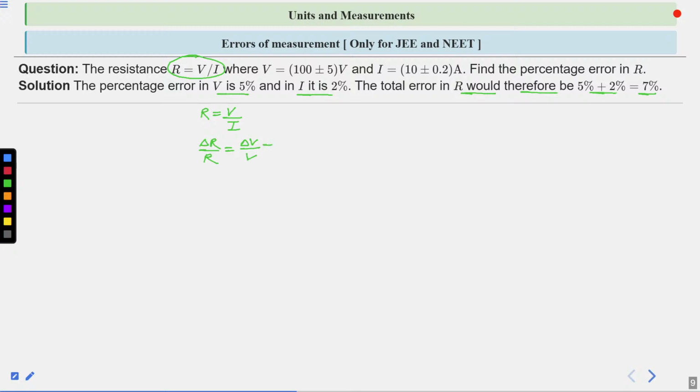plus the relative error of I, which is delta I divided by I. Now here we have to find out R, so just substitute the values. Delta V divided by V. Delta V is 5 here and delta I is 0.2. Just substitute the values and find the answer. V is 100 and I is 10.